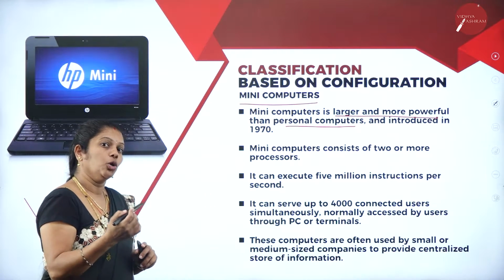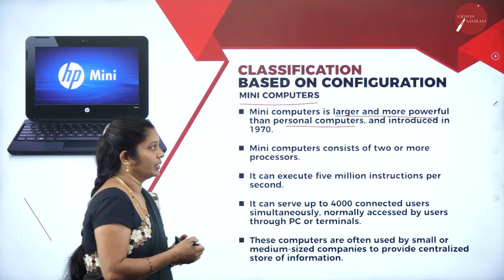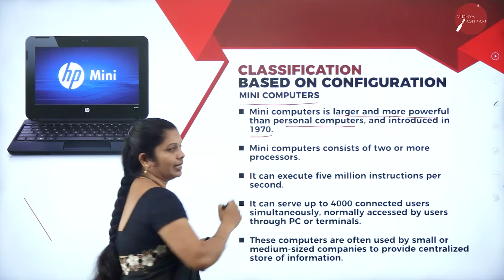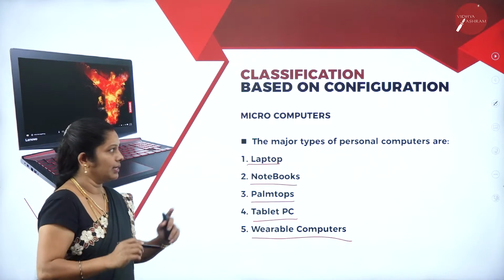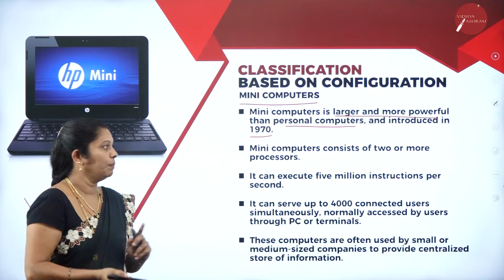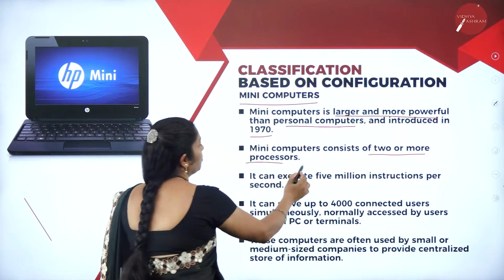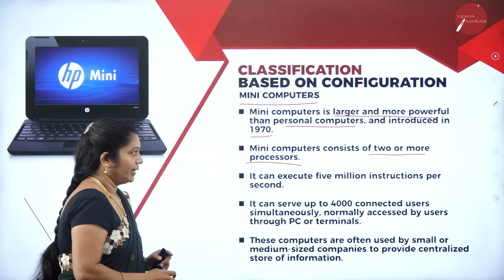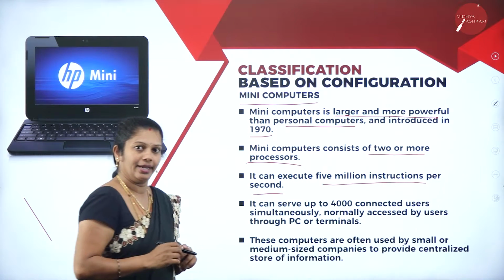Whereas in a personal computer only one person can work, here it is a more powerful computer and it was introduced in 1970. Micro, one person; mini, more persons. Mini computer consists of two or more processors.